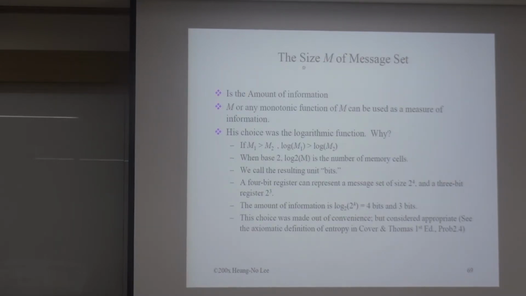So we would like to define the size of the message set. Message here means some object or some digits, and the size of the message set that can clearly be sent from transmitter to receiver is the capacity, and that we will define mathematically. So M here is the size of this message set, and then we can apply any monotonic function.